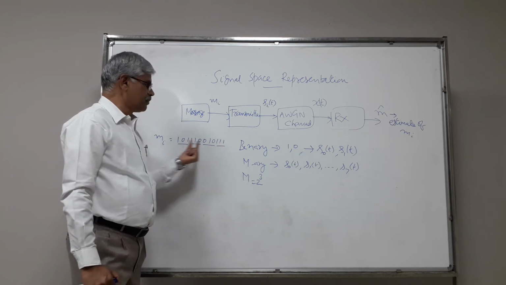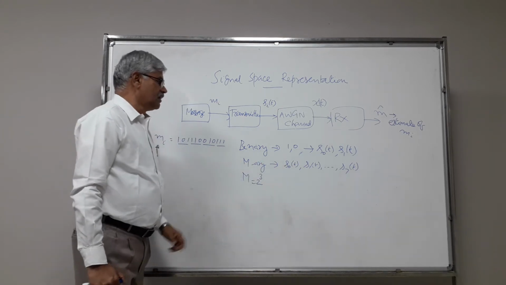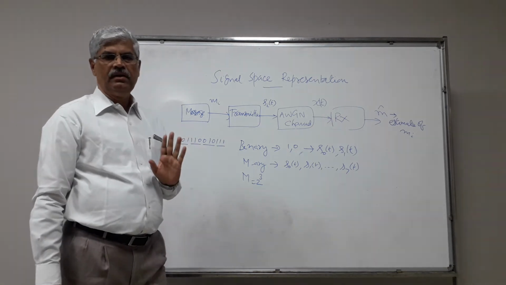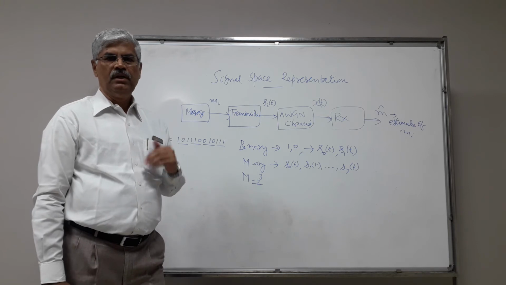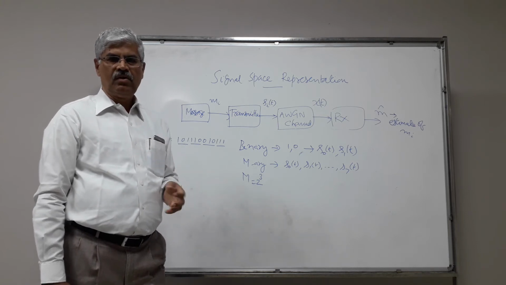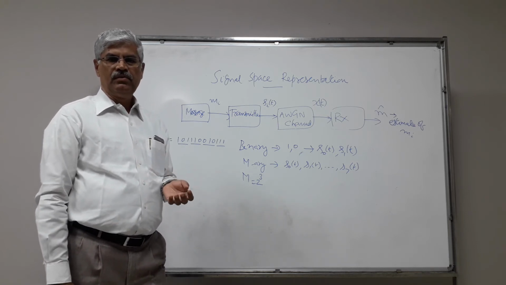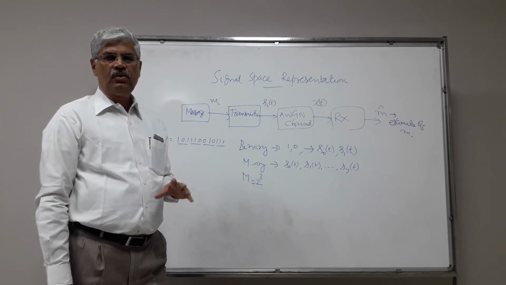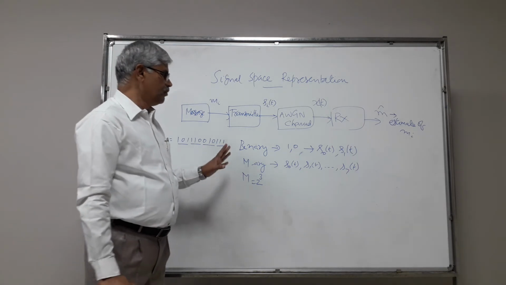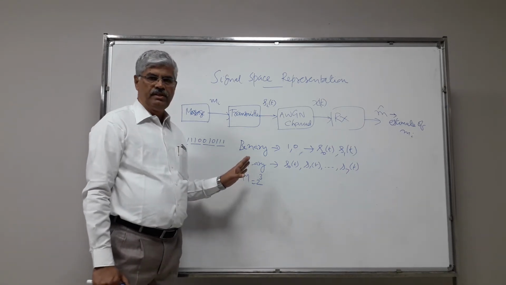Each symbol is represented by a waveform, and for certain choices it will result in certain advantages in the form of conserving bandwidth or conserving power in the presence of white noise. So there are relative merits and demerits. We will not go into those details.